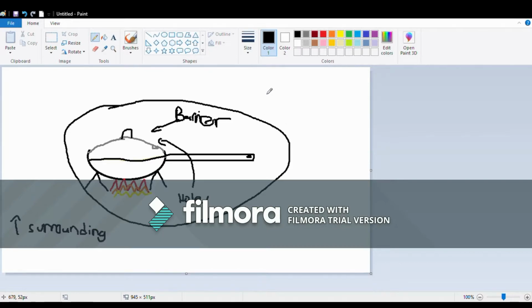Since we know that pressure is equal to force over area, and this hole is small, does the pressure increase? Since the gas molecules clump together, it's hard for them to escape the system.